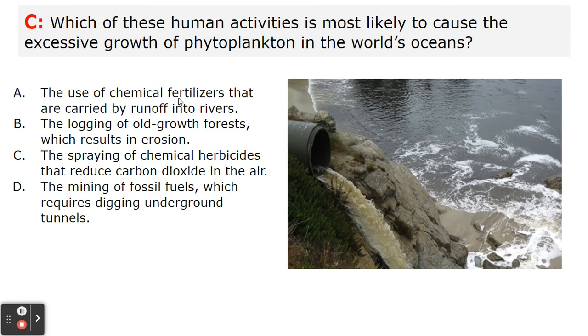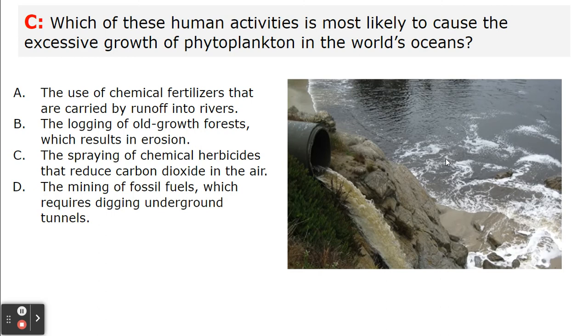So fertilizers that we put on our lawns or that are used in agriculture, when it rains, the rain picks up these fertilizers and it's washed into our rivers, and then the rivers drain into the ocean. And so the fertilizer causes phytoplankton, the ocean plants, to grow really fast and too much.